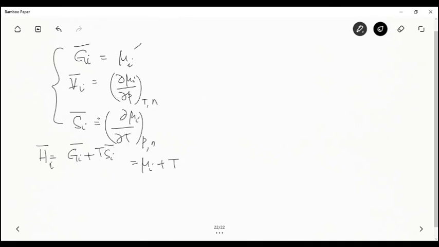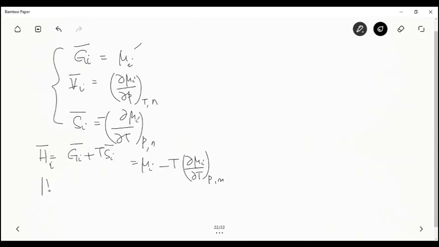It has the negative sign here, so this plus will become a minus here: minus T times Si is del mu I by del T at constant P and N. So this is a method to get Hi.